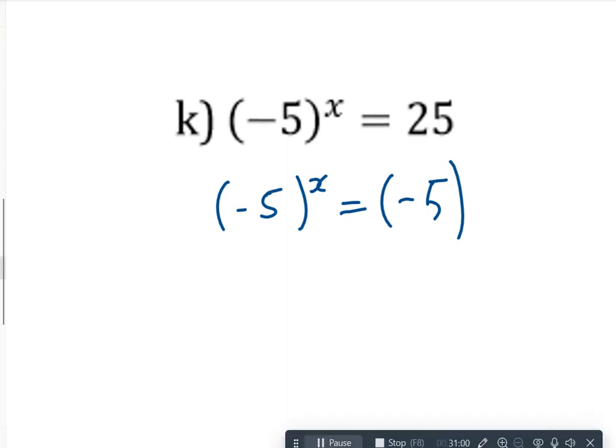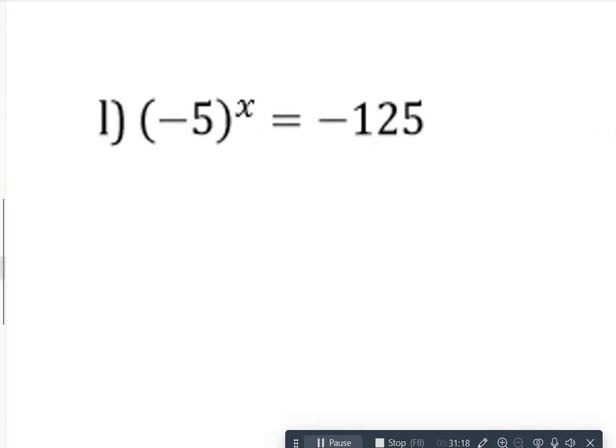If the base is negative, the other base has to be negative as well. This one works out. What do I put on the other side? It's just 2. Is negative 5 all squared positive 25? Yes, we've talked about that, right? Therefore, x equals 2.